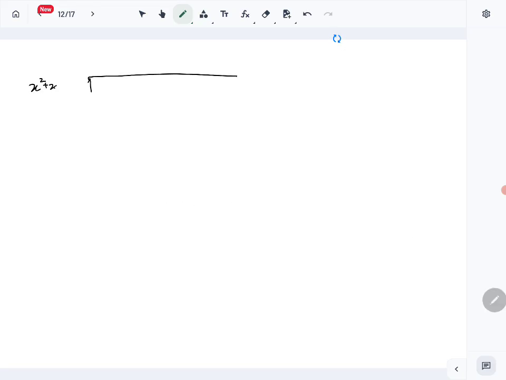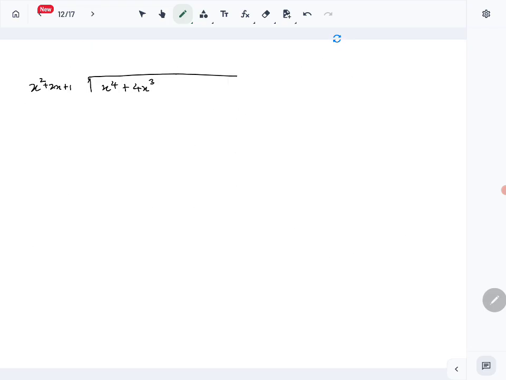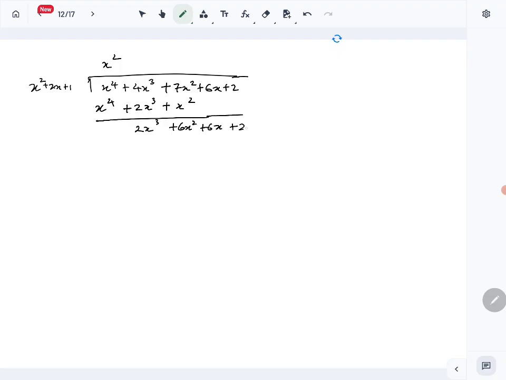x squared plus 2x plus 1, into x to the 4, 4x cubed plus 7x squared, 6x plus 2. Right. So x to the 4, 2x cubed plus x squared; x to the 4 cancels, you get 2x cubed plus 6x squared plus 6x plus 2.